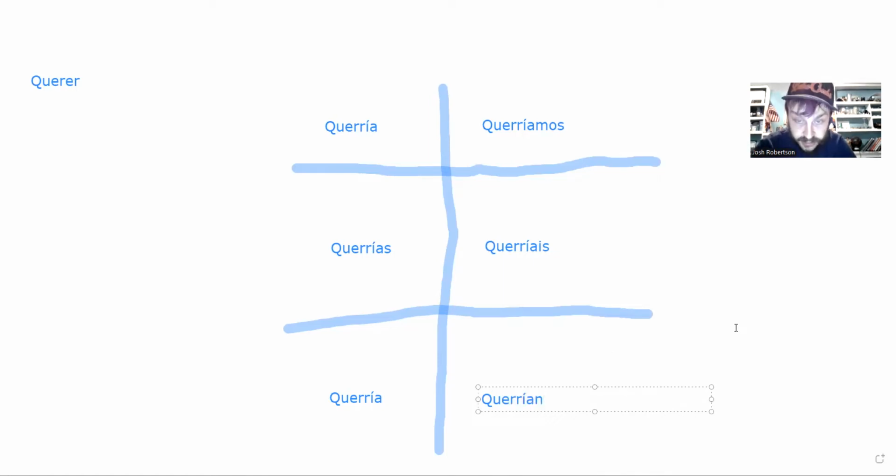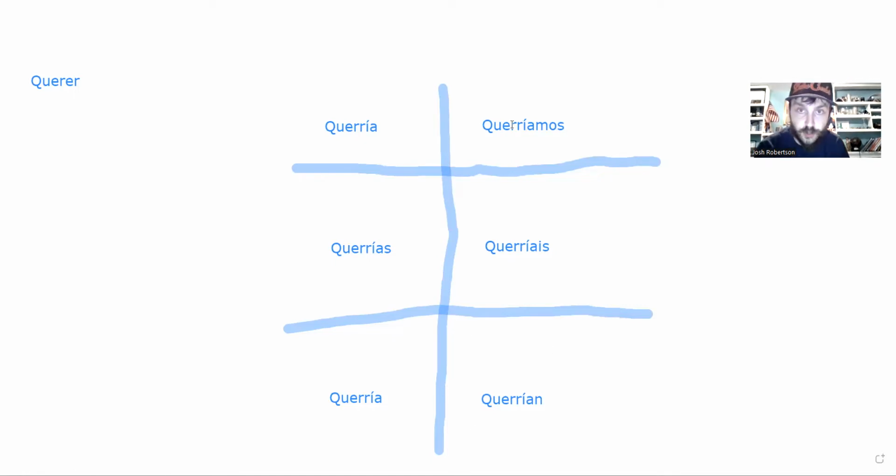right? Querían. So, querer conjugated in the conditional indicative rather is yo quería, tú querías, él, ella y usted quería, nosotros y nosotras queríamos, vosotros y vosotras queríais, ellos, ellas y ustedes querían, right?